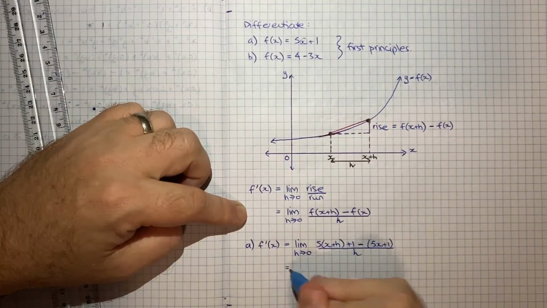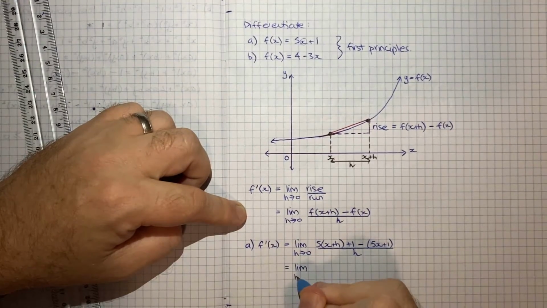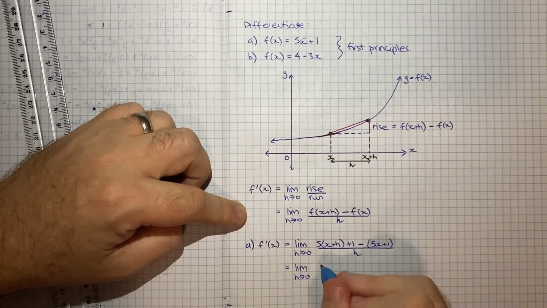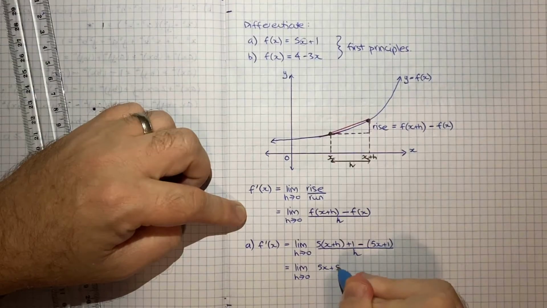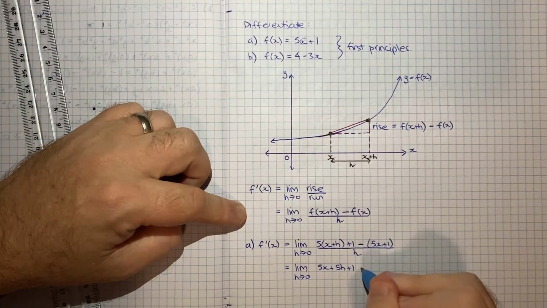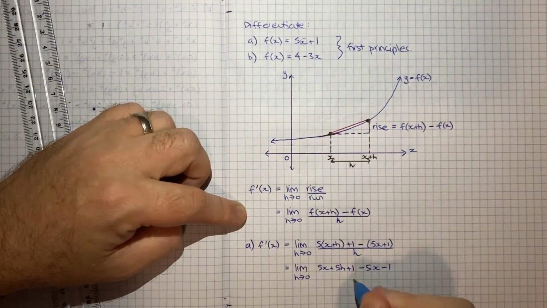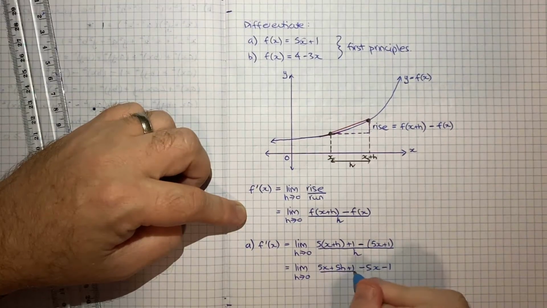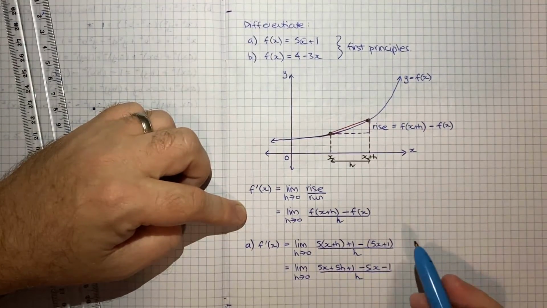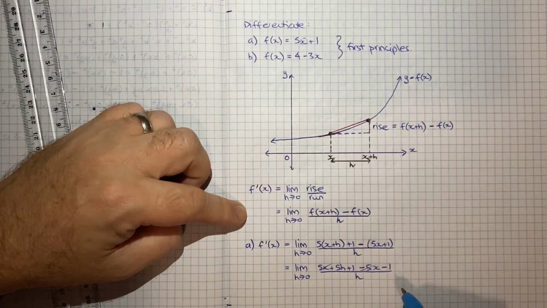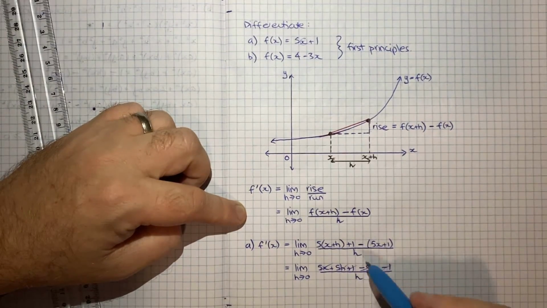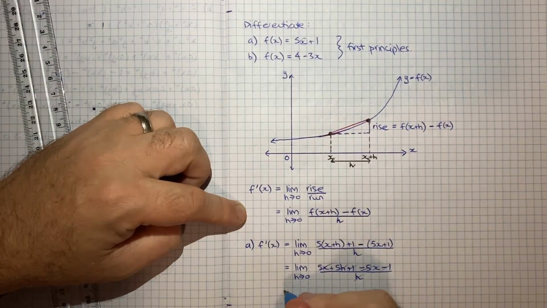And that's going to be equal to the limit as h goes to 0 of 5x plus 5h plus 1 minus 5x minus 1, all divided by h. And we see some things cancel here. The 5x and the minus 5x go, the plus 1 and the minus 1 go, and then all we're left with is 5h on h, so the h's go.